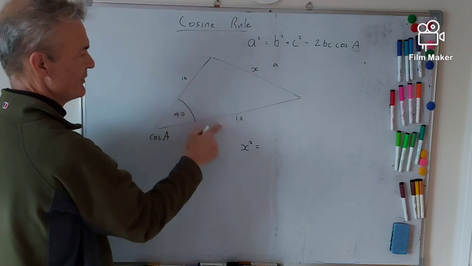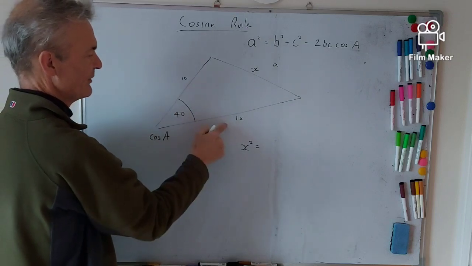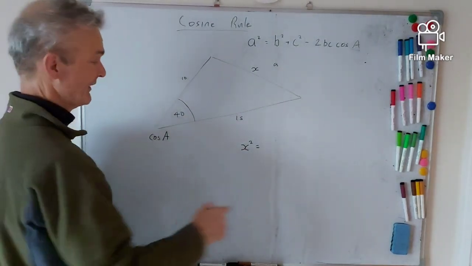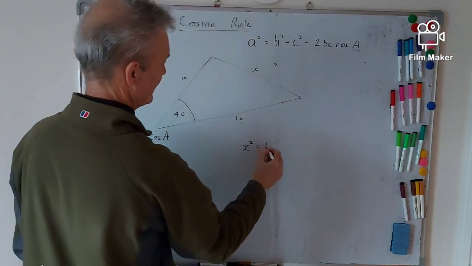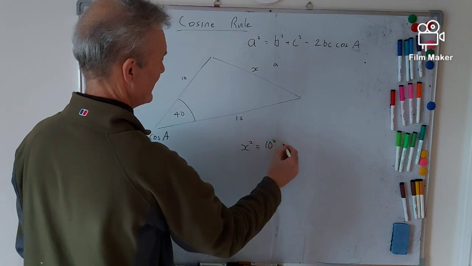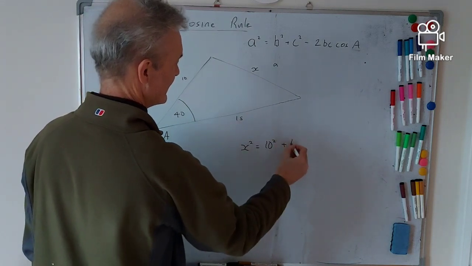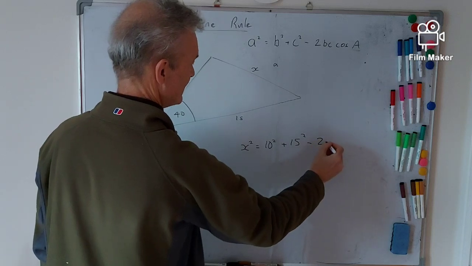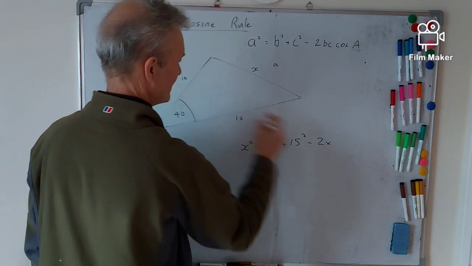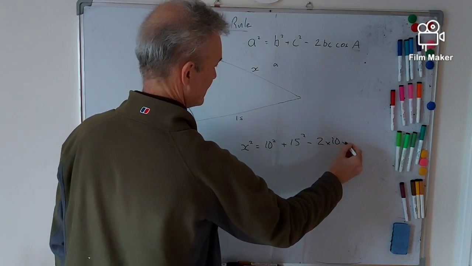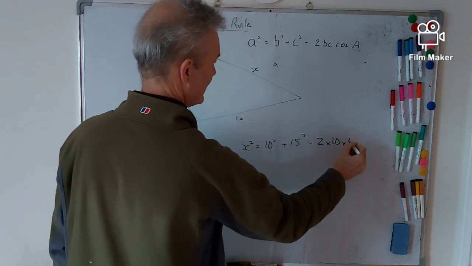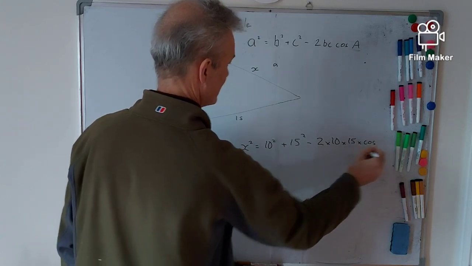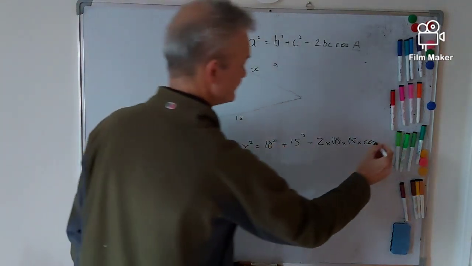It doesn't matter which one you call b; if you decide this one's b, then this one's c, and vice versa. Let's start with that one as b. So we've got b squared plus c squared minus 2 times b times c times cos 40.